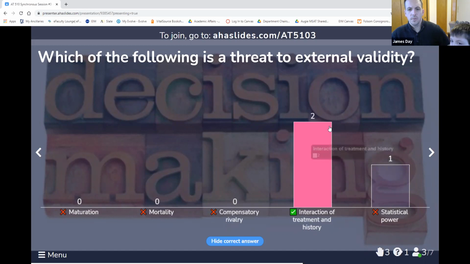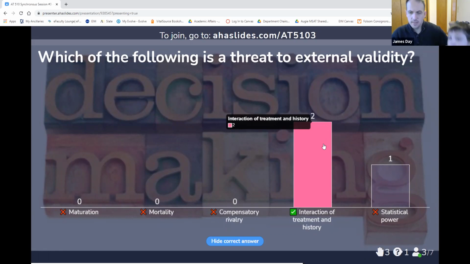All right. So we'll start with the correct answer, interaction of treatment and history. This is the fact that in certain situations, based off of the history of the study in question, so how the study was done, there's a possibility that these results could only be found in this very specific situation. That's the interaction between treatment and history.